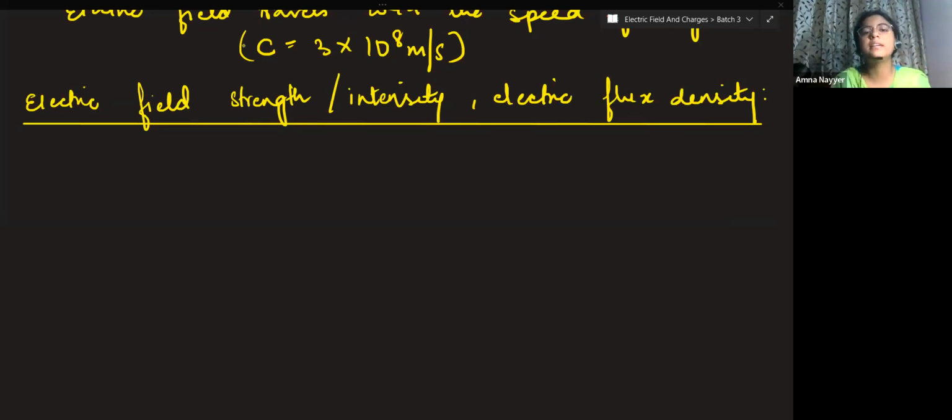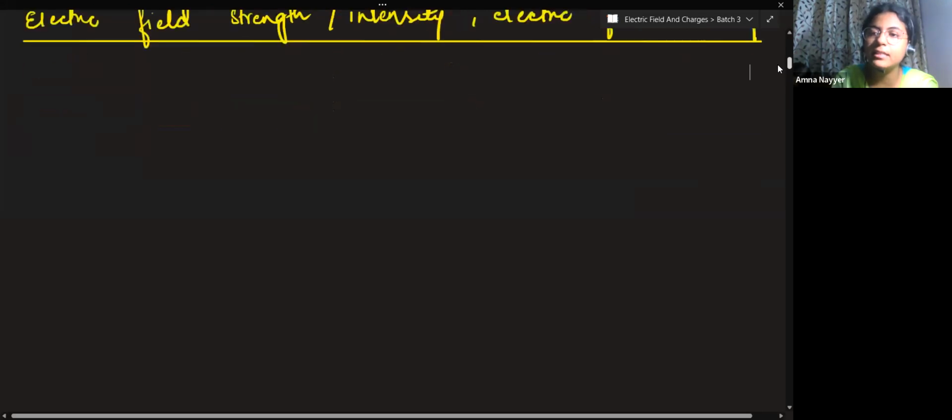Electric field strength or electric field intensity is also known as electric flux density.